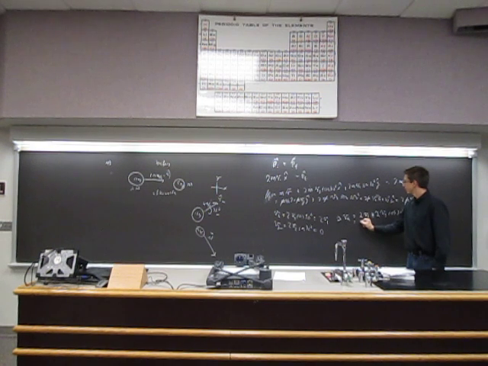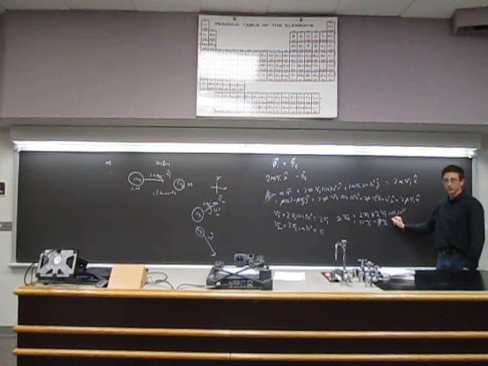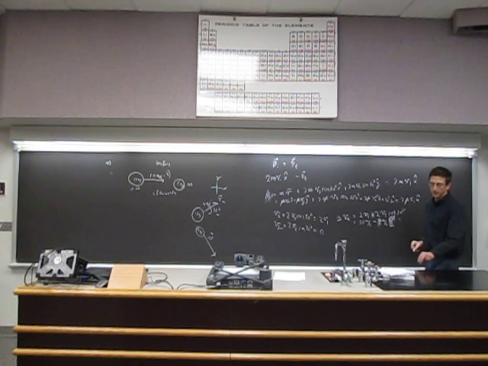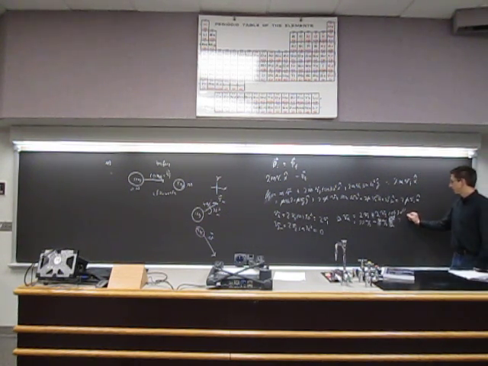That's 2 times 10 meters per second, because v1 was 10 meters per second, minus 2 times 4 meters per second, so that's 8 meters per second cosine of 30 degrees, which is square root of 3 over 2. And when I evaluate that, it's 13.07 meters per second.